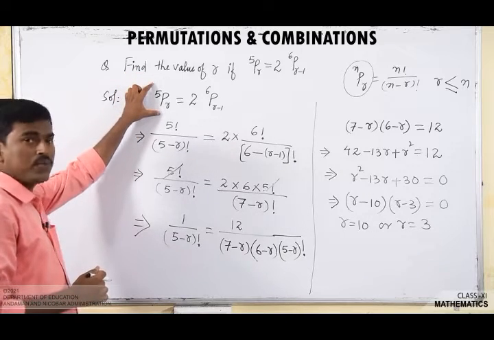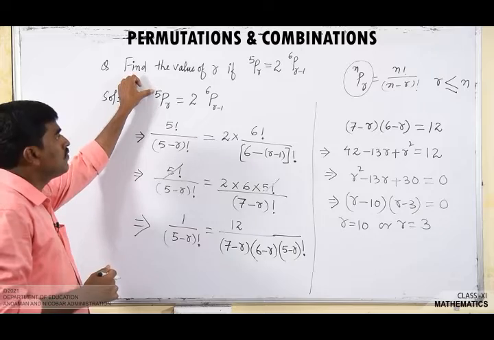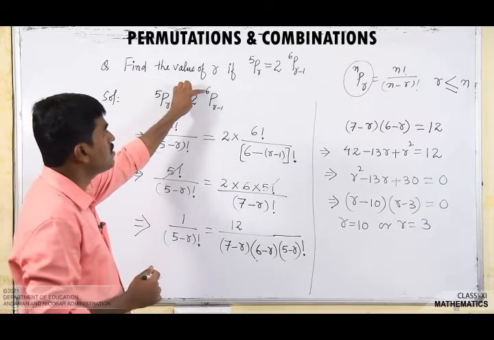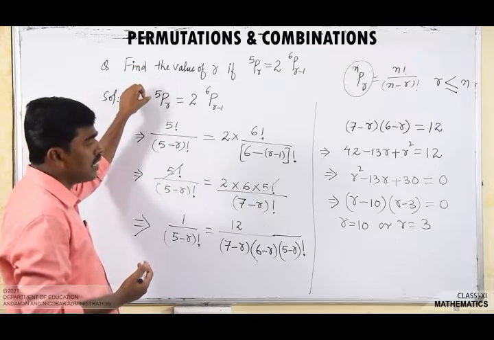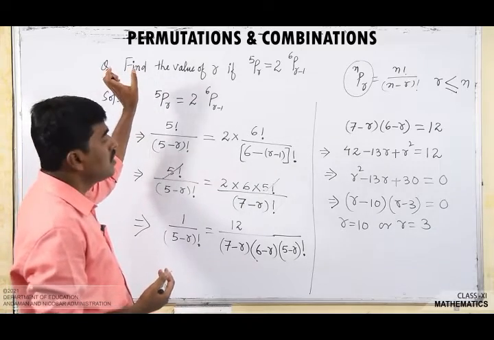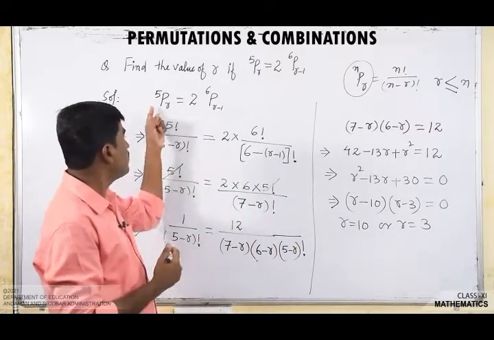So here in this equation you see the value of n is 5 and in this the value of n is 6. So obviously the value of n is 5 here. So obviously the value of r must be less than 5.